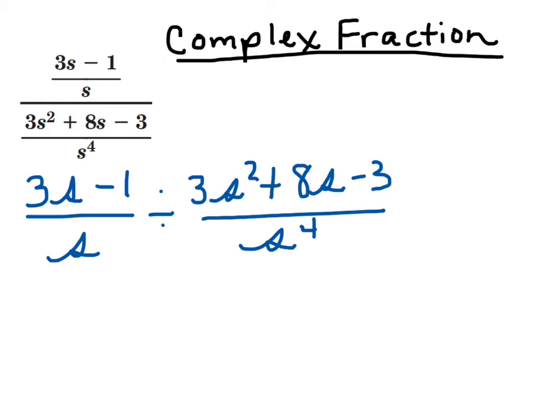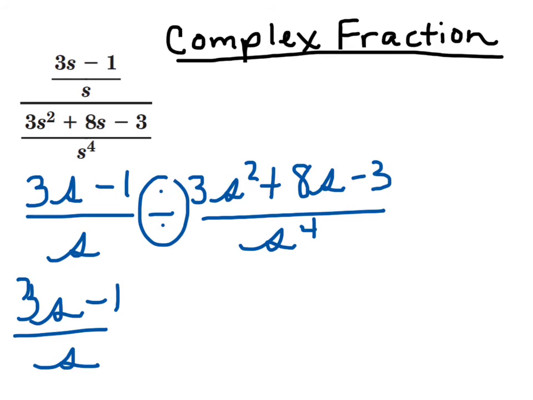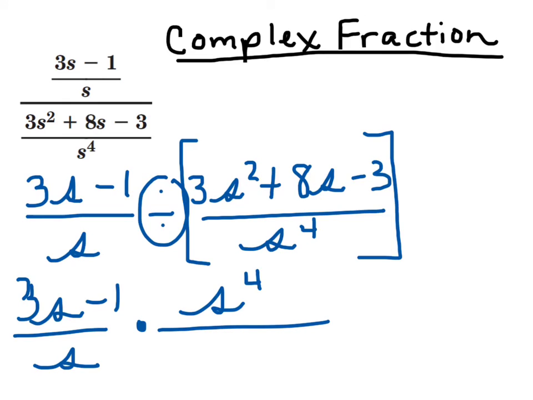I'm going to rewrite my first rational expression, which again is 3s minus 1 over s, and now I'll multiply by the reciprocal of the second rational expression. So I'll place the s to the 4th in the numerator and the 3s squared plus 8s minus 3 in the denominator.